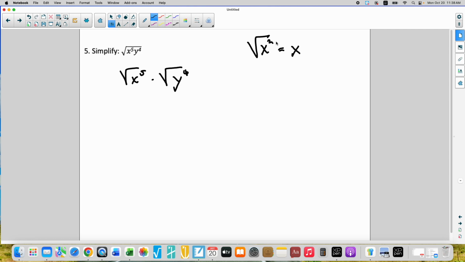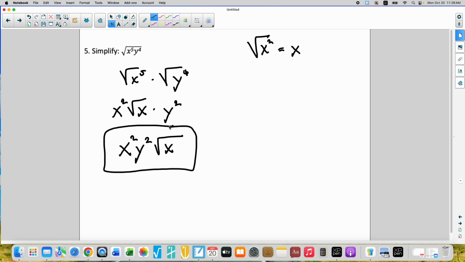So for every 2, 1 comes out. So we're going to get x squared rad x, and then we're going to get y to the second. So 2 of them come out. Notice the radical's gone here. And 2 of these come out with 1 left over that stays in. So we would not write it in this manner. We would write it with the things outside and then the things inside. So this would be my final answer.